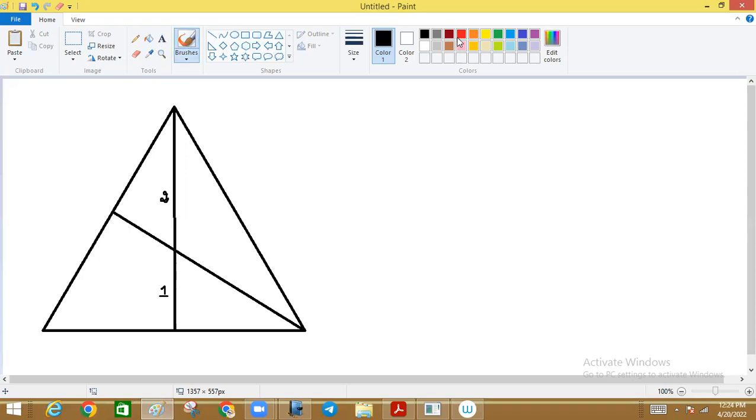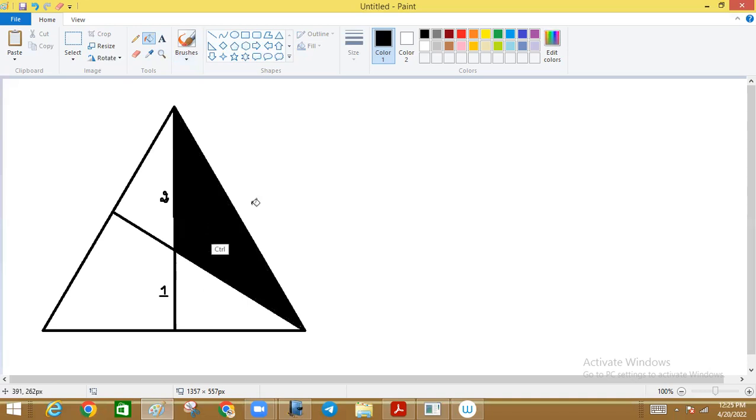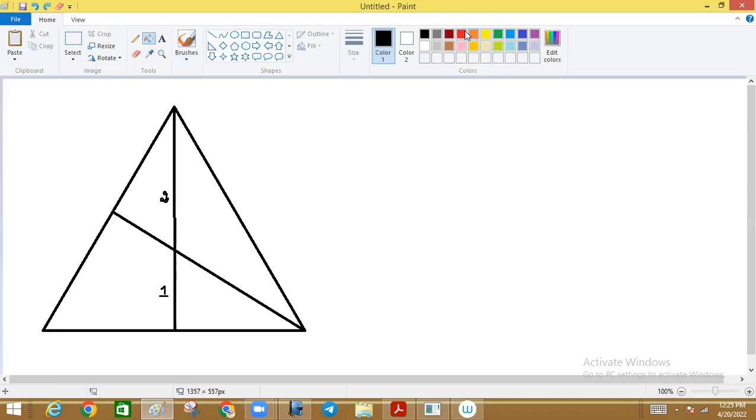Look at the area shaded in red and the yellow one. What is the ratio of their areas? 2:1, because both triangles have the same height but bases in the ratio 2:1. Therefore, their areas are also in the ratio 2:1.